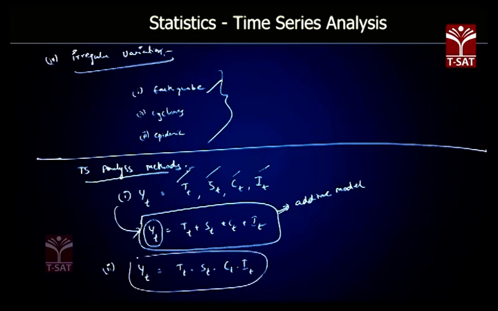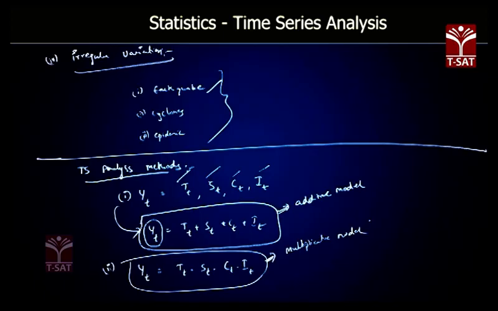Then we call it the multiplicative model. So these are the two methods by which we analyze our time series. The first thing is each and everything will be acting independently on the YT, and the second thing is each and every variant is acting proportionally on the YT.